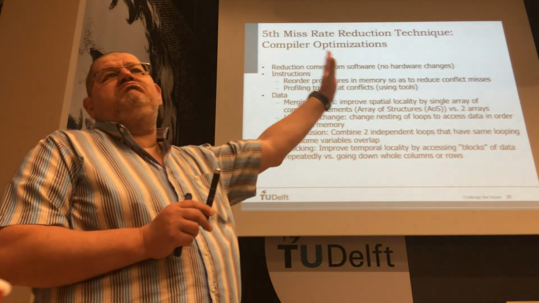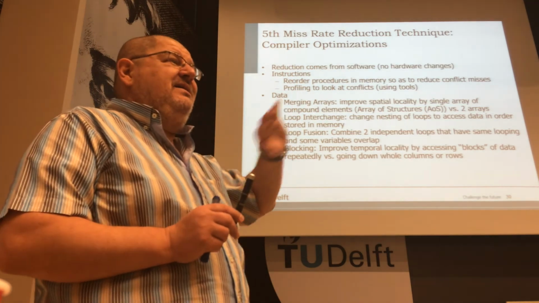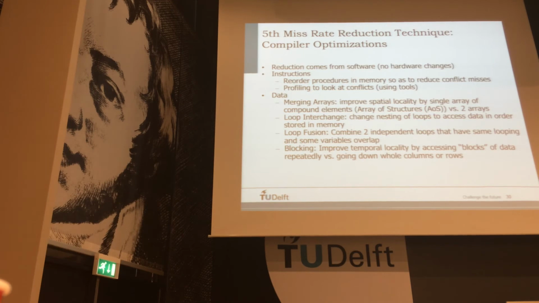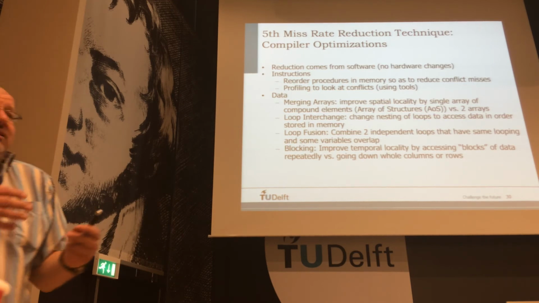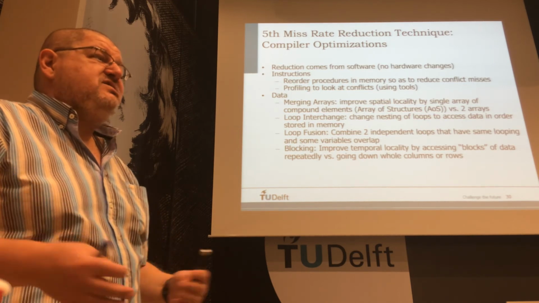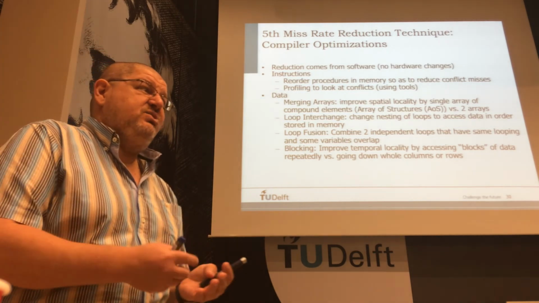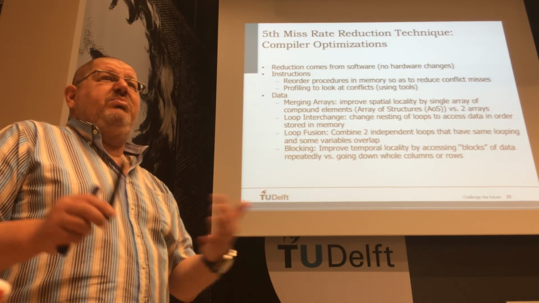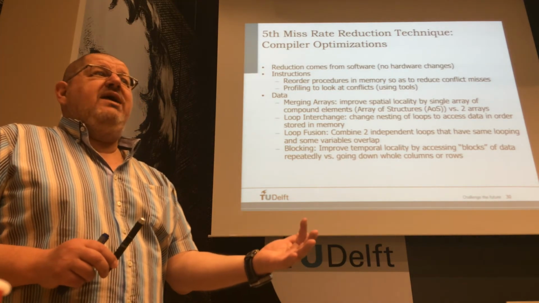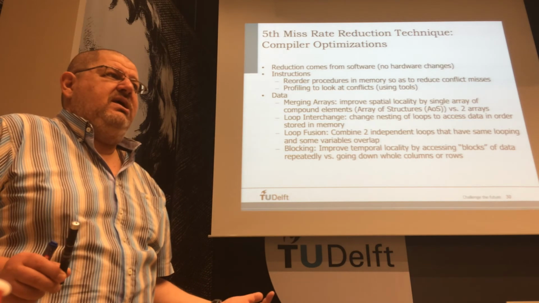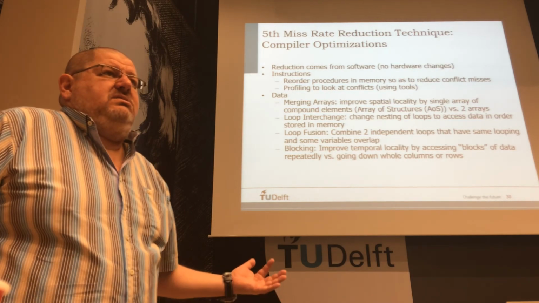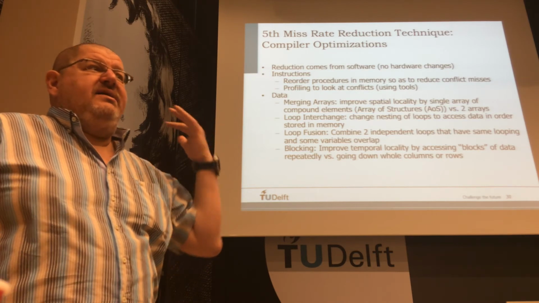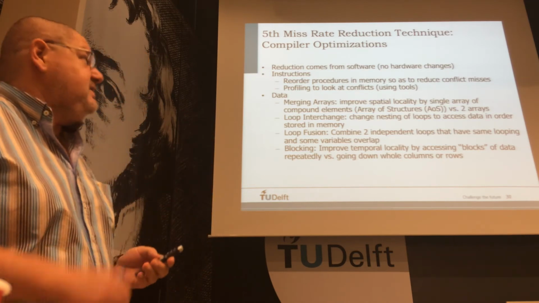Those are long gone. But the compiler can do things in order to help the cache. What the compiler can do is restructure the program in such a way that the number of misses is minimized. Then you play with loops, you play with data layout in the memory, and only the sky is the limit on this one. And there are wonders which can be done by the compiler.